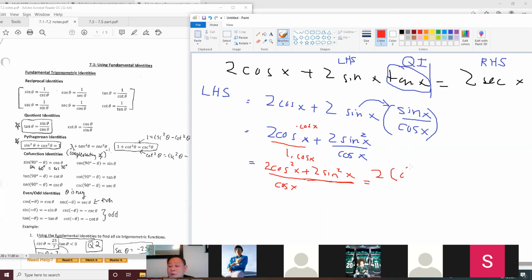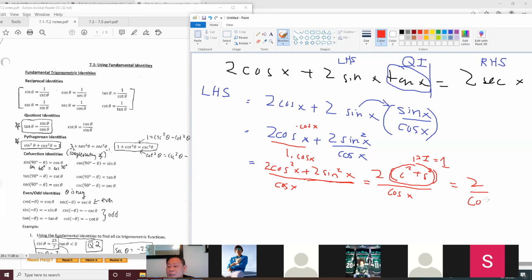So you will get cosine square plus sine square all over by cosine x. This is PI. And what is cosine square plus sine square? Yep, it's 1. So this is 2 times 1 is 2. So it's 2 cosine x.